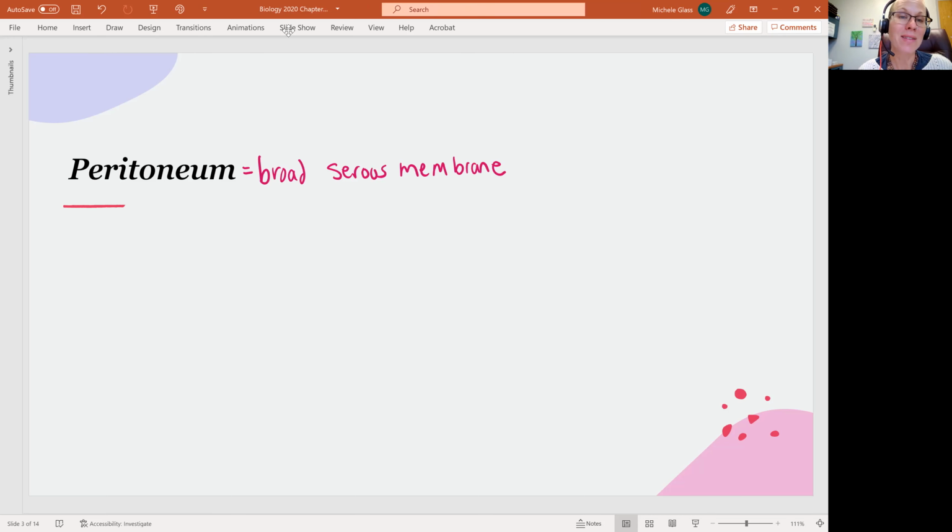And then we said those cavities are lined with connective tissue called serous membrane. And so that's what we're talking about here. Now that we're in this particular part of the abdominopelvic cavity, we just give it a special name. We did that also when we talked about the pleural membrane. And we did that also when we talked about the pericardial membrane and all of that.